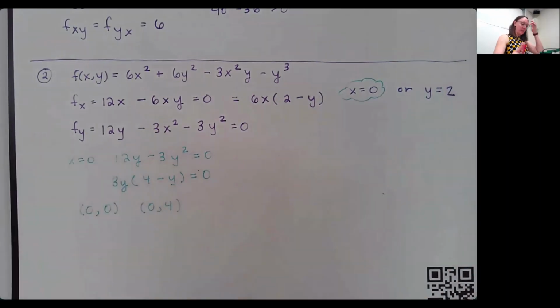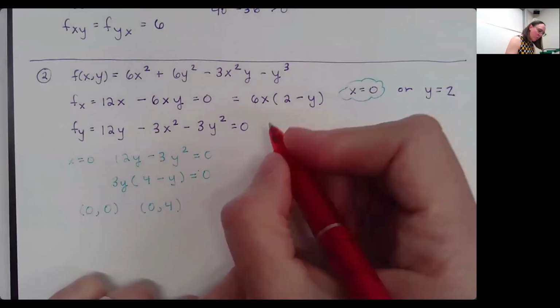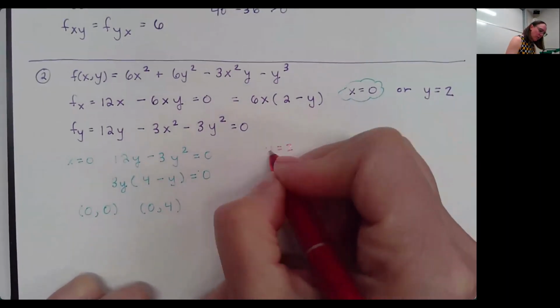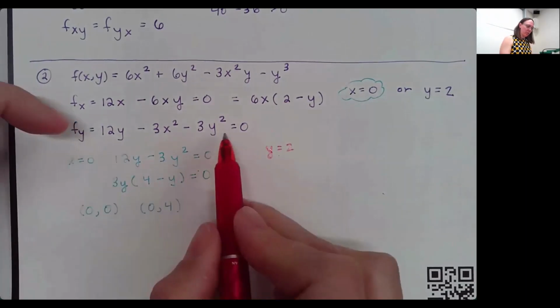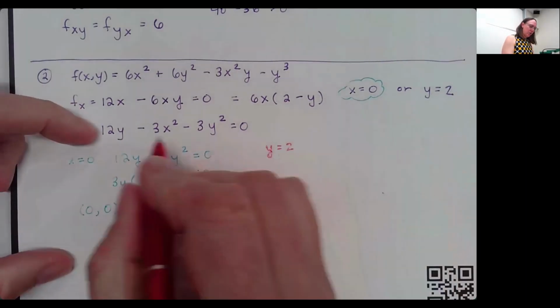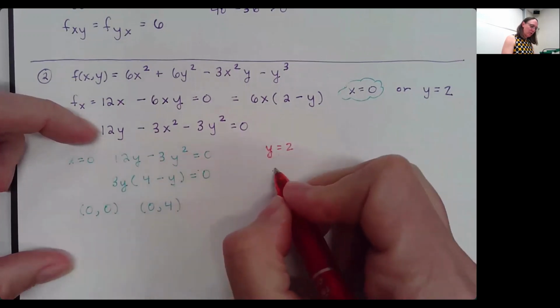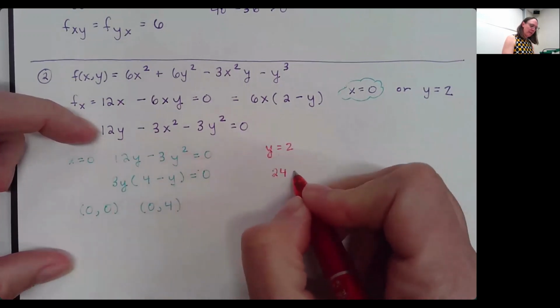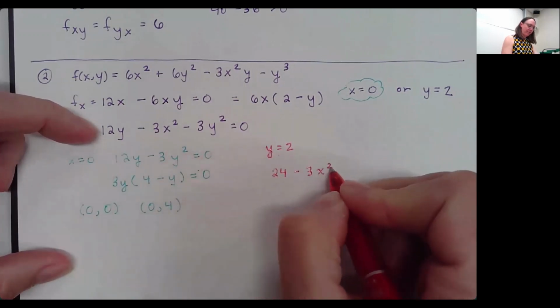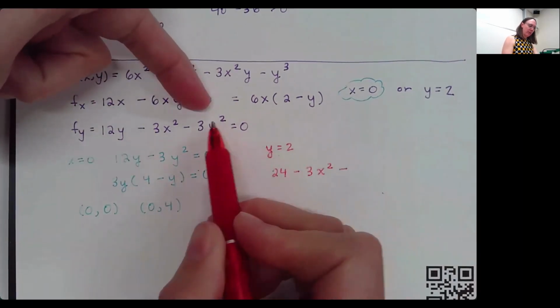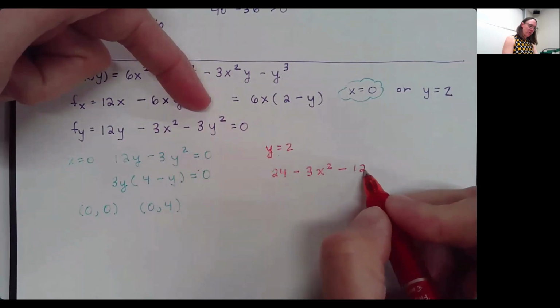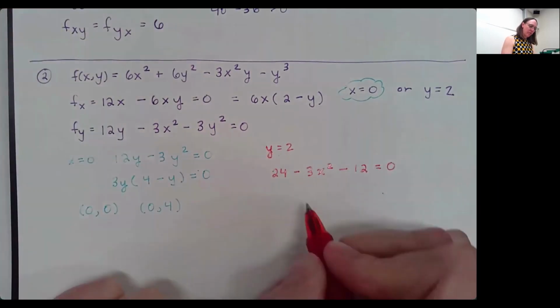Then I can play out the scenario, what if y was equal to 2? And if y were equal to 2, and I look at my partial with respect to y, 2 times 12, so that's 24, minus 3x squared, minus 2 squared is 4, 4 times 3 is 12. So now I've got that would be equal to 0.